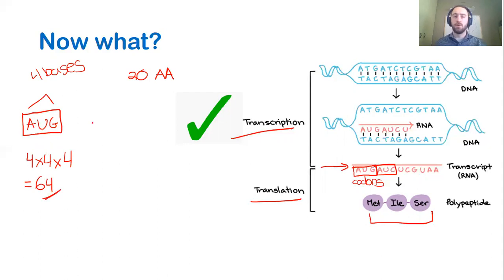However, if codons code for amino acids and we only have 20 amino acids, what's happening there? Well, the base pairs, when they form codons, could also form what's known as start codons and stop codons.